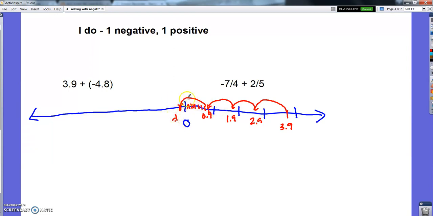So that's the only thing that's tricky. When you cross 0, that's going to happen. So now I've done my 1, 2, 3, 4, and I've just got to go my other 8/10. And I'm going to end up at negative 9/10.